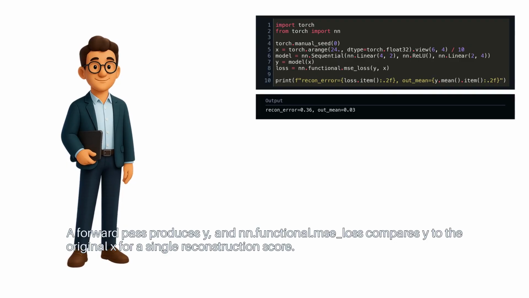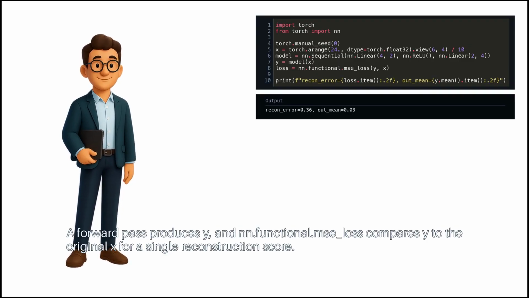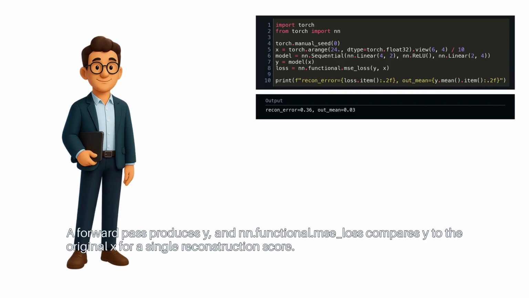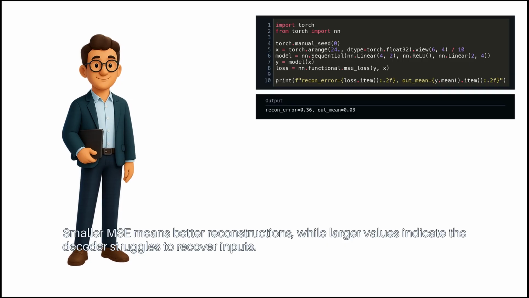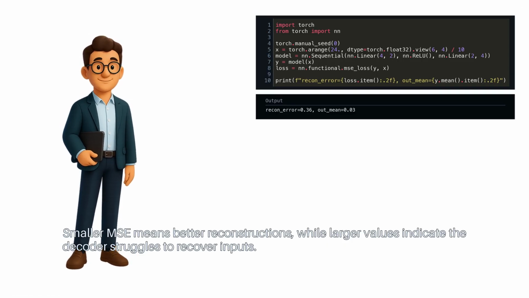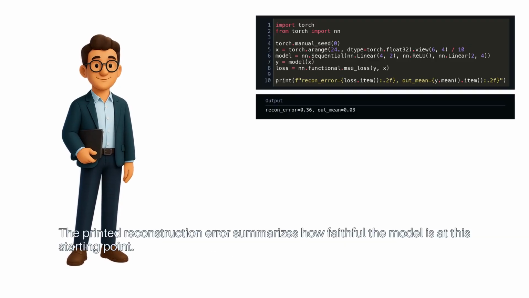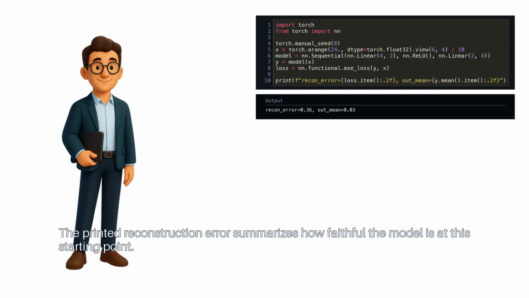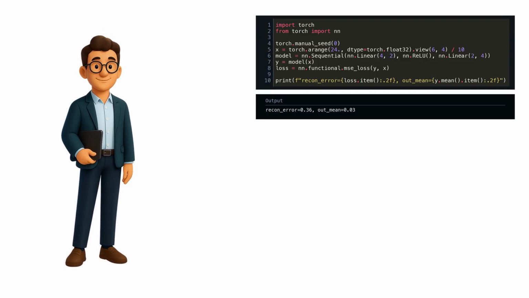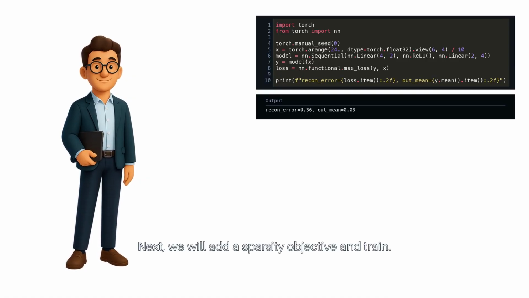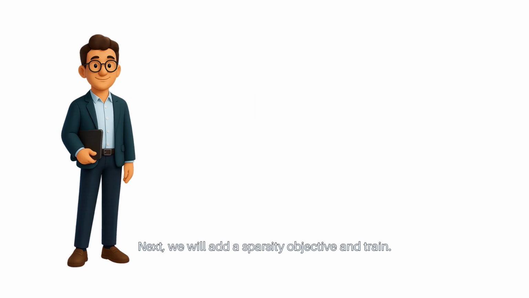A forward pass produces y, and nn.functional.mse_loss compares y to the original x for a single reconstruction score. Smaller MSE means better reconstructions, while larger values indicate the decoder struggles to recover inputs. The printed reconstruction error summarizes how faithful the model is at this starting point. Next, we will add a sparsity objective and train.